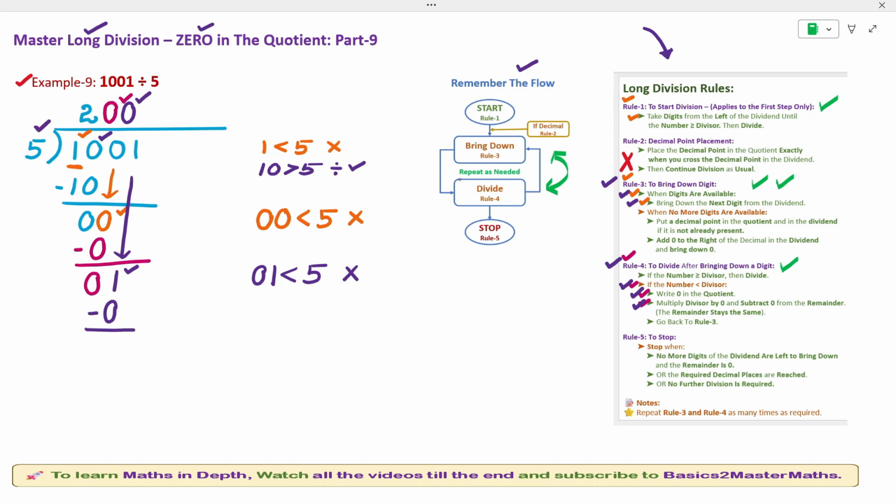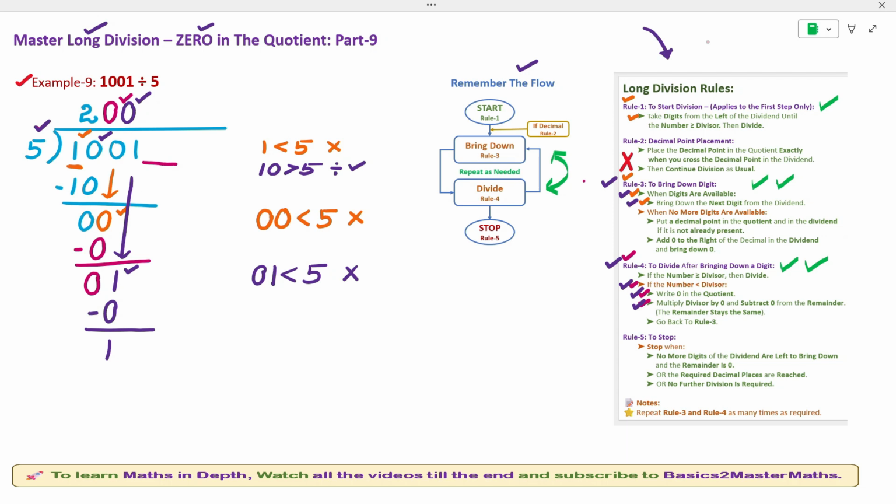So, you will get 1 as the remainder. Now, rule 4 is complete second time. Observe, there are no more digits available on the dividend to bring down.